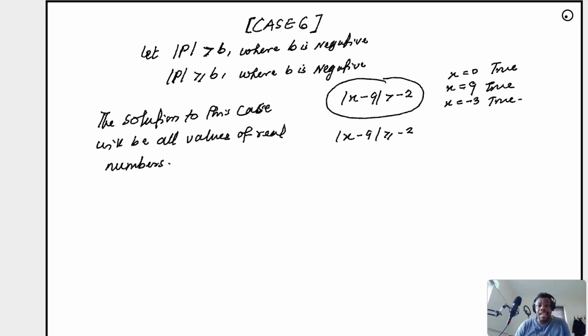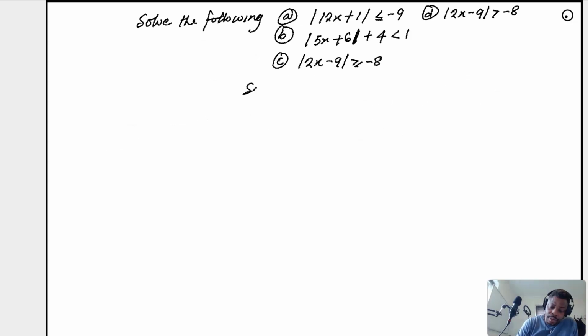So I'm going to take questions so you see how you can represent this in terms of solution. Now let's solve these questions. The first one, the modulus of 12x plus 1 less or equal to minus 9. Remember, when we were taking all these cases, I told you that the modulus of a number cannot be less than 0 or negative.